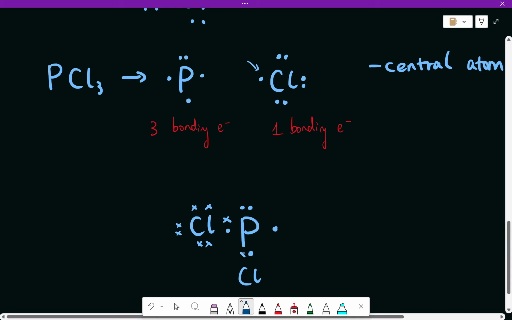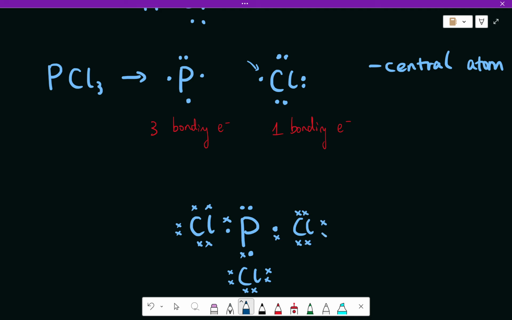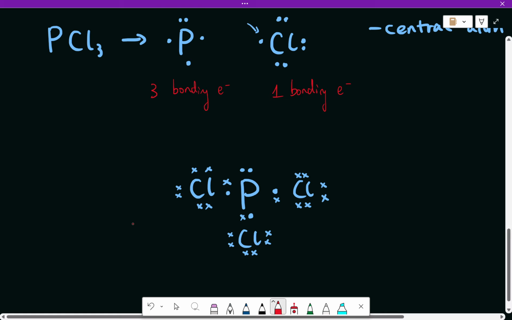And we can put another chlorine here and another chlorine here. And we can see that by doing so, in the phosphorus valence shell, it has 8 electrons. In each of the chlorine valence shells, they also have 8 electrons. And they're happy. All of them are happy now.